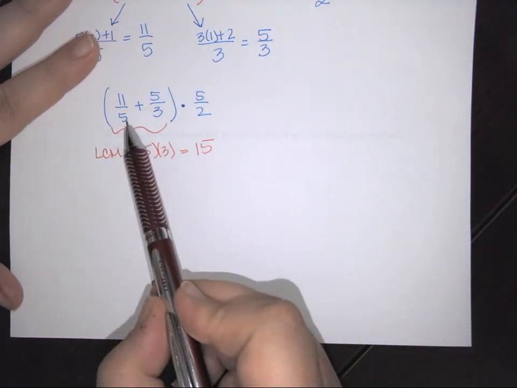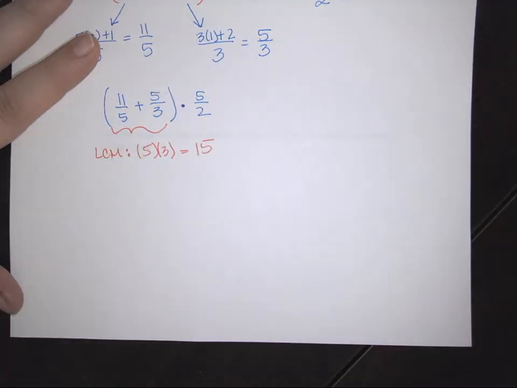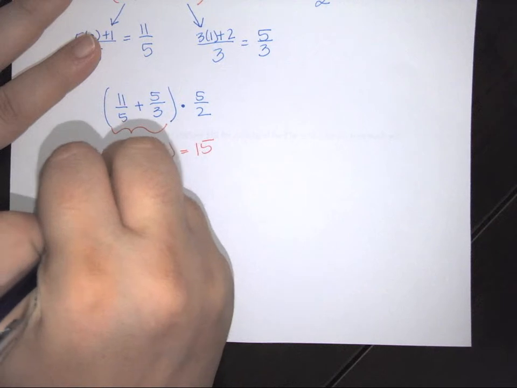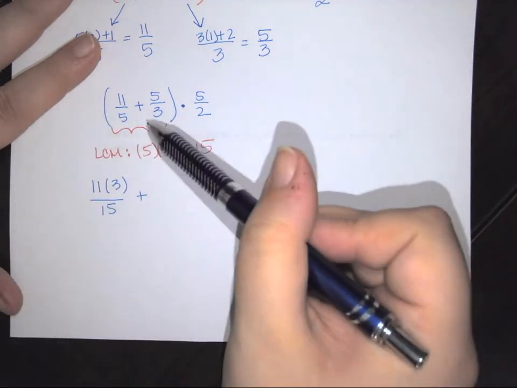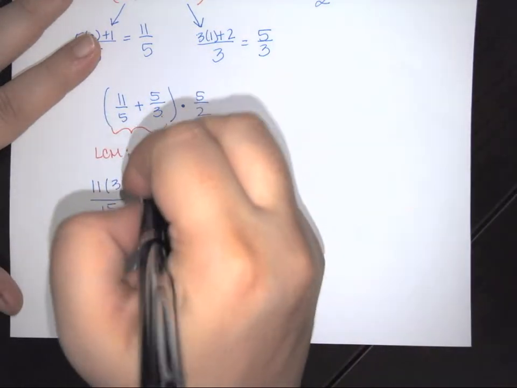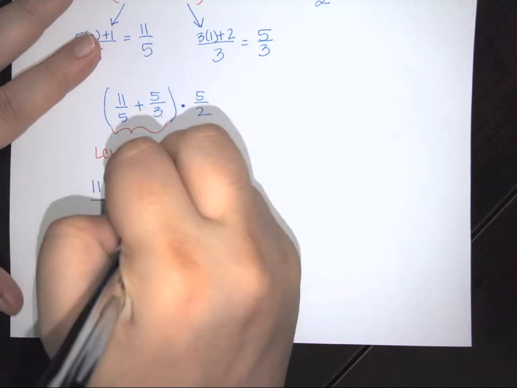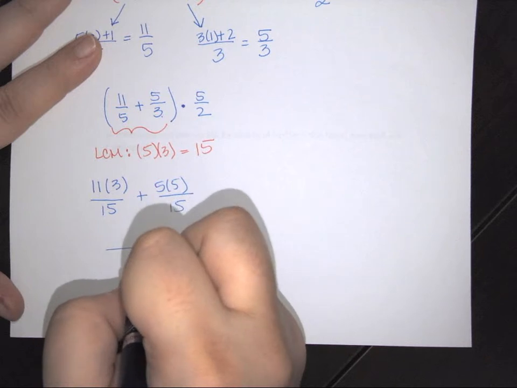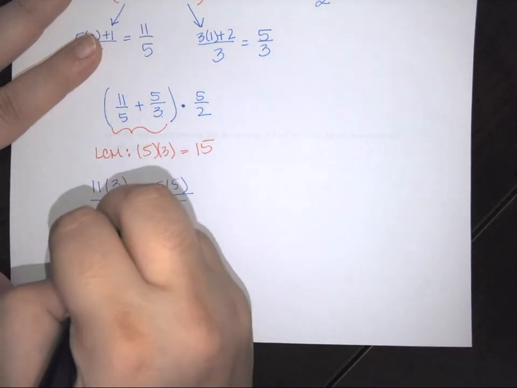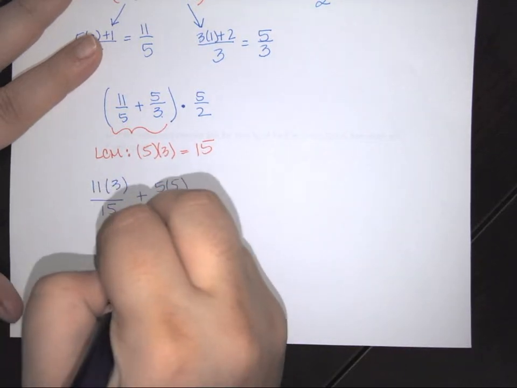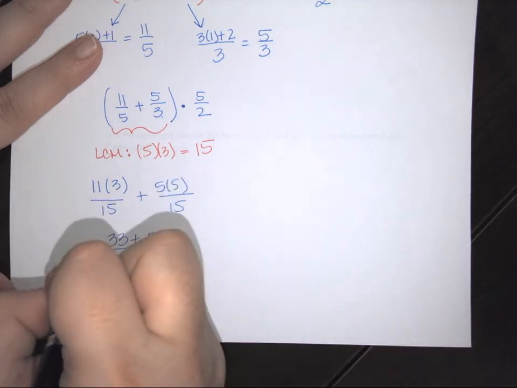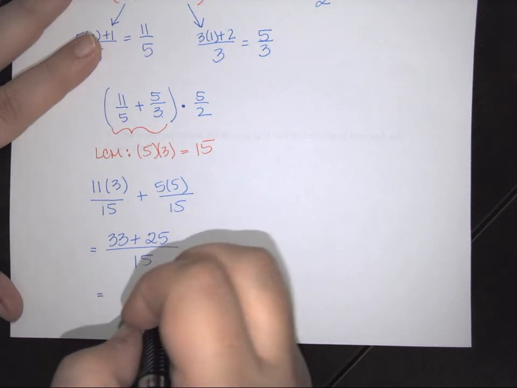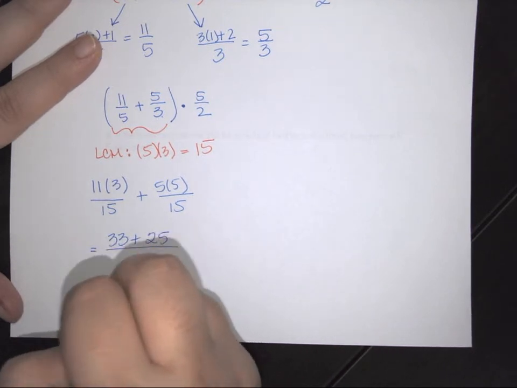To take 5 up to 15 says I multiply by 3, so I'm going to have 11 times 3 over 15. And to go from 3 to 15 says I multiply by 5, so 5 times 5 over 15. Put the whole thing over one denominator and add across the top: 33 plus 25.